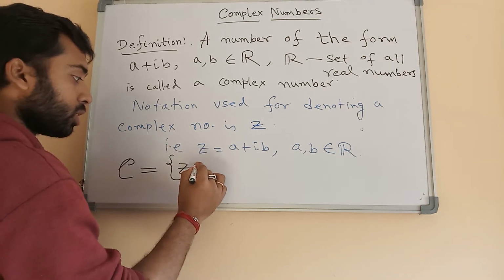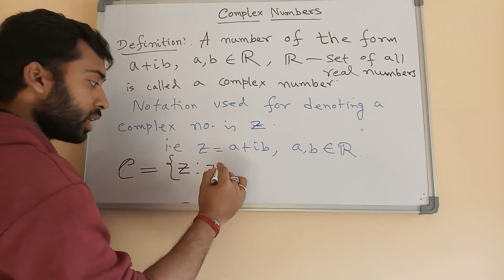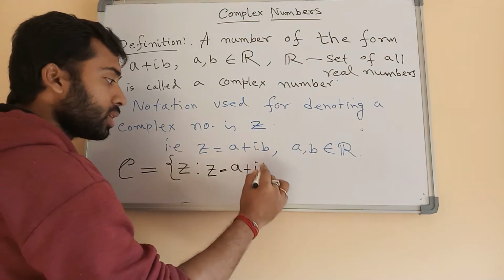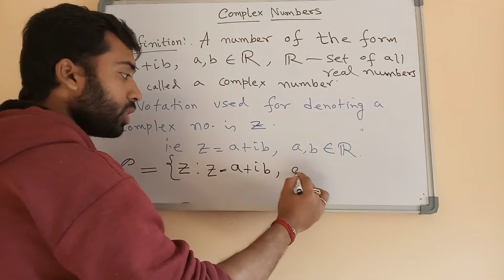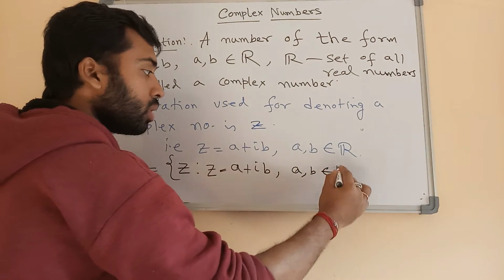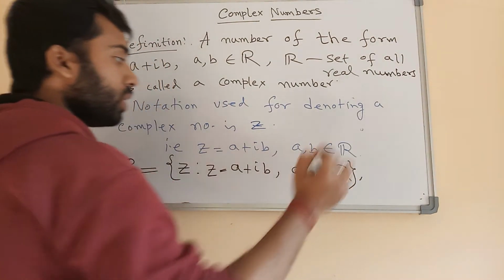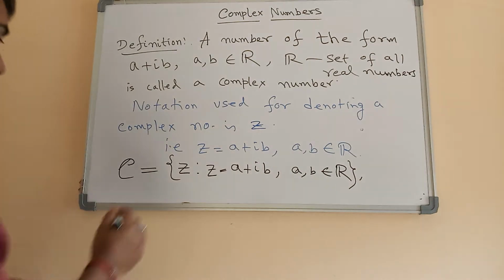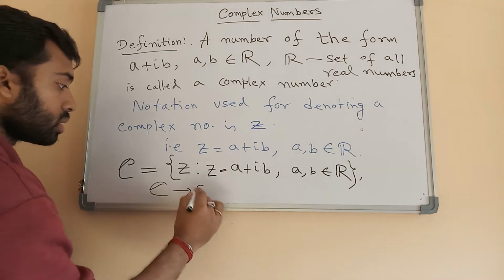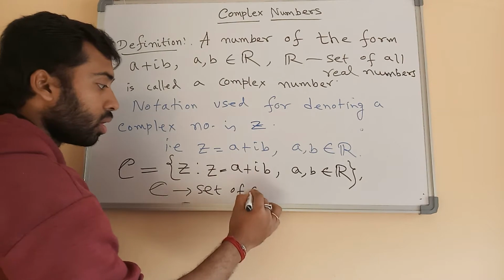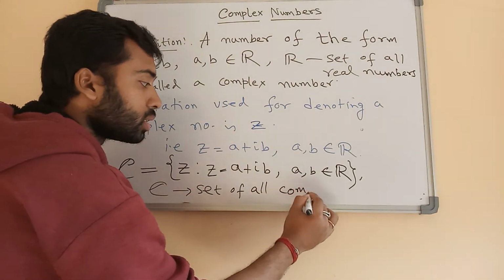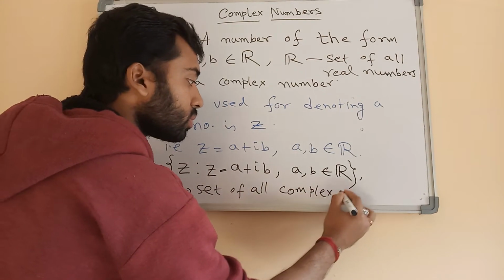So this is the set of all those z where z has the form a plus ib and a, b are taken from the set of real numbers. So this C represents the set of all complex numbers.